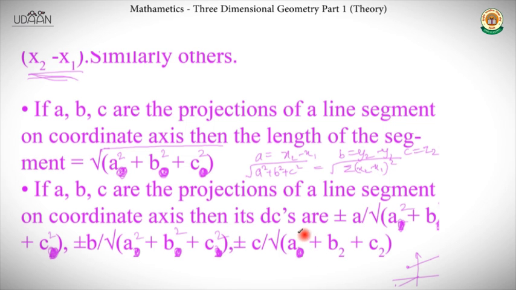Similarly, by multiplying -1 to all the three terms, another set of direction cosines can be obtained for the given line.